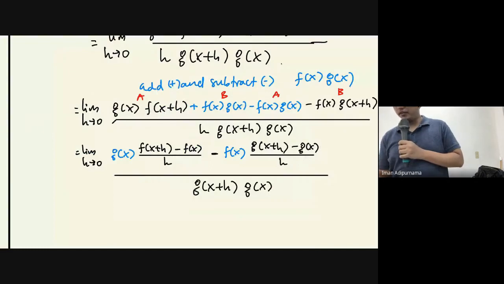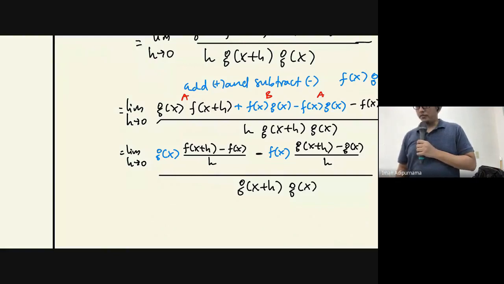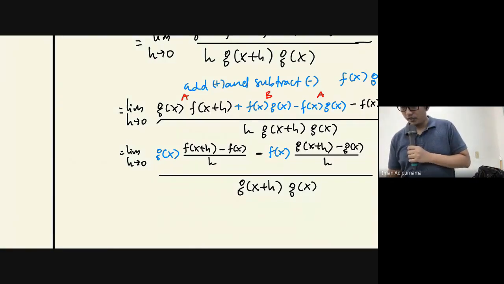And when you are solving the limit, plug in 0.